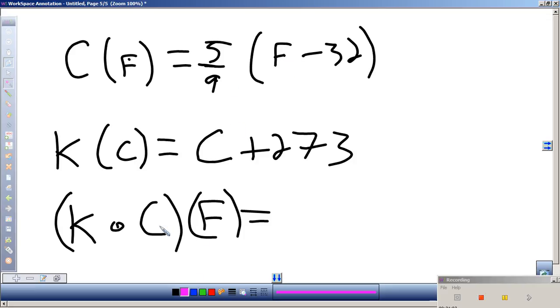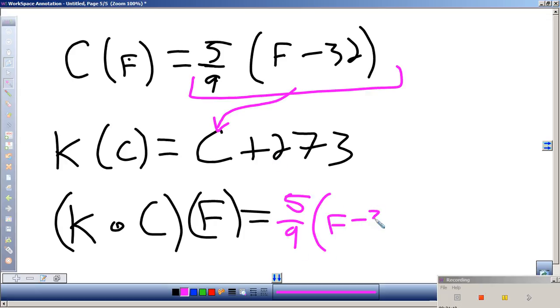So this says we're going to take C and plug it into K. So taking all of this, plug it in there. So you have 5 9, F minus 32 plus 273. This formula would take us directly from Fahrenheit to Kelvin. Of course, we could simplify it a little bit, but not a huge amount, unless we want to deal with 5 9 times 32 and adding 273 to it.